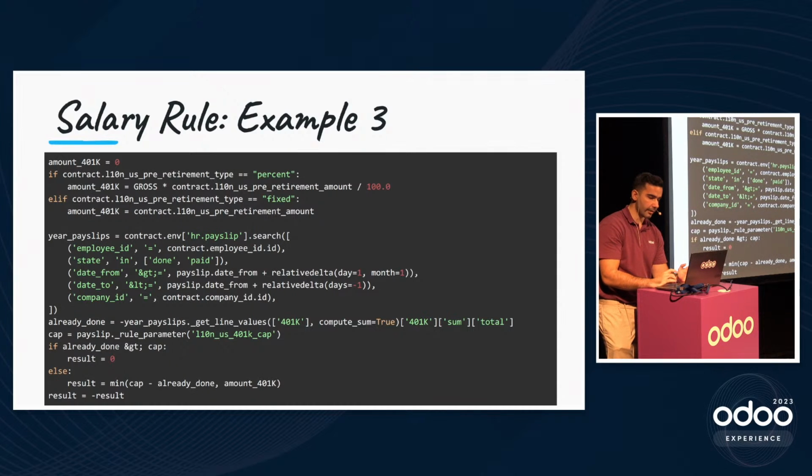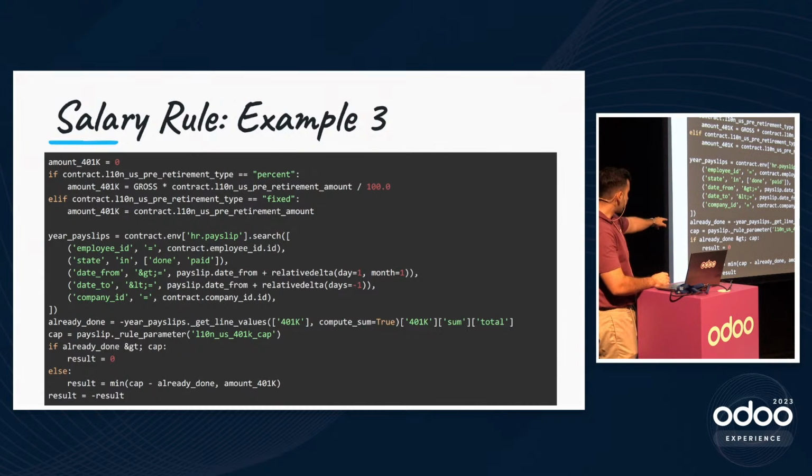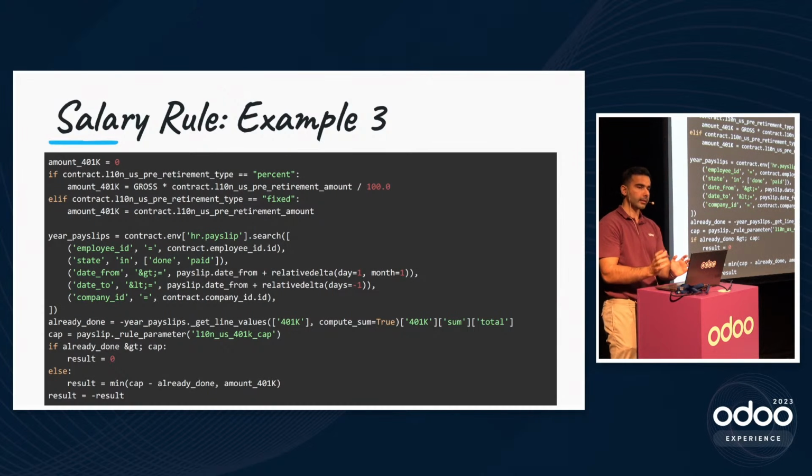So that way we have a certain amount, and then we check in the condition here under if the cap is already attained. If it is not, you put either the amount itself or what is left to reach the cap. And that amount, we of course take the opposite value and deduce it from our gross salary.